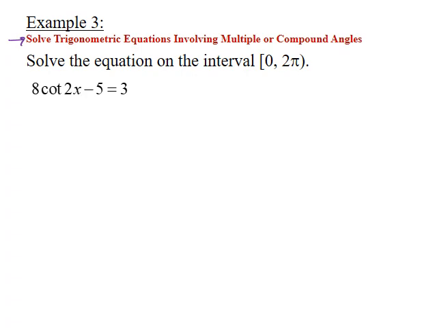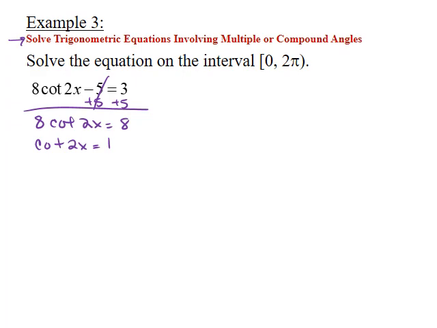So we will address how to solve that. So here, let's isolate the trig function. So I will add 5. Divide by 8. So cotangent of 2x is equal to 1.